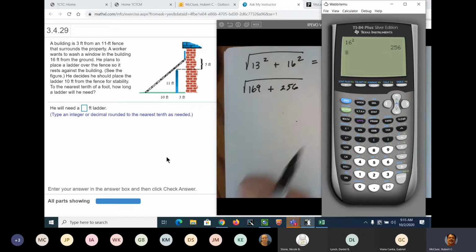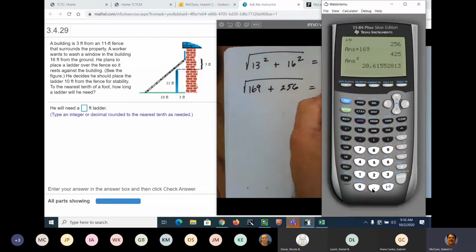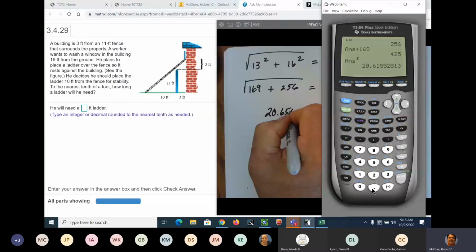And 256 plus 169 is 425, and raise that to the 0.5 power. I get 20.655. 21 feet. I don't know if he wants to round to the nearest tenth.